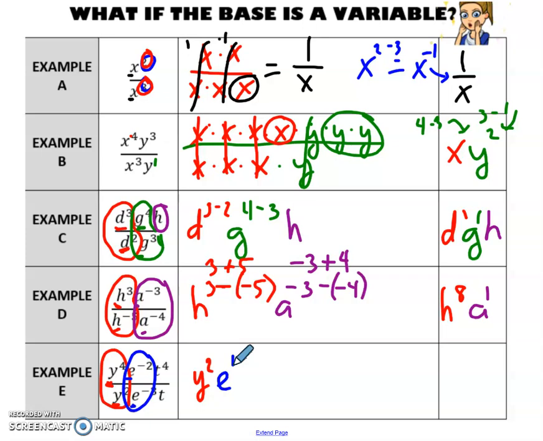Okay, and then if I look at my last one here, my t's, so I have t, and then I have 4, and I have 1. 4 is higher. How much higher? It's 3 higher, right? So this should be y squared times e times t to the third, right?